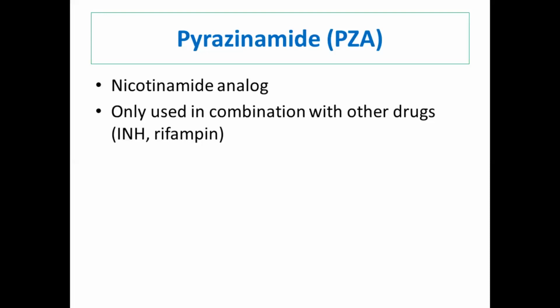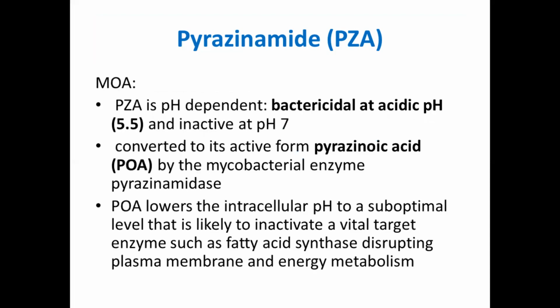Pyrazinamide, it is a nicotinamide analog and used in combination with other drugs. The mechanism of action is pH dependent, no? Since it is bactericidal at acidic pH and inactive at pH 7. It is converted into its active form, pyrazinoic acid, by the mycobacterial enzyme pyrazinamidase.